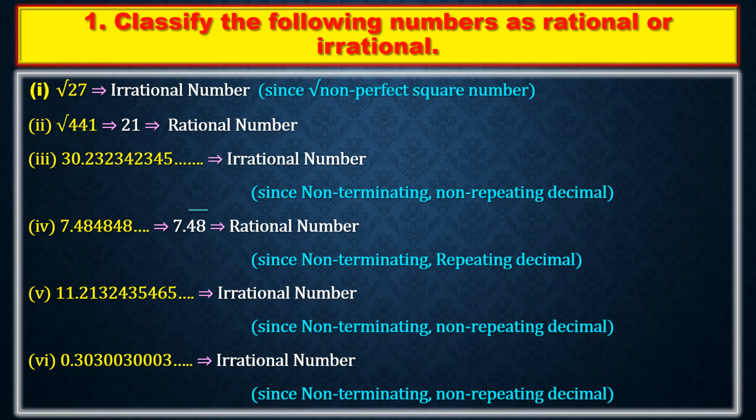Okay, so the non-terminating repeating decimals will be rational, whereas non-terminating, non-repeating will be irrational. You should be perfect with these terms, then you can easily write these numbers by seeing them. Okay, so let us go to the next slide.